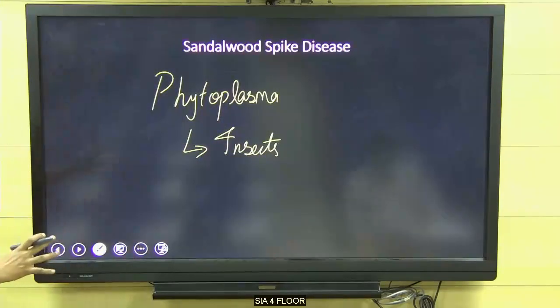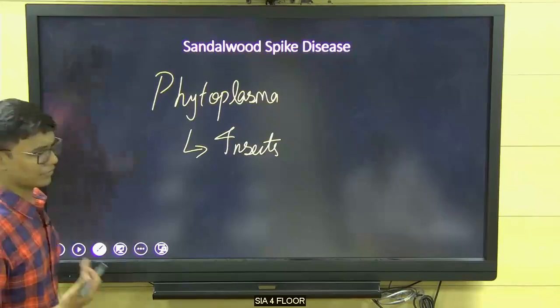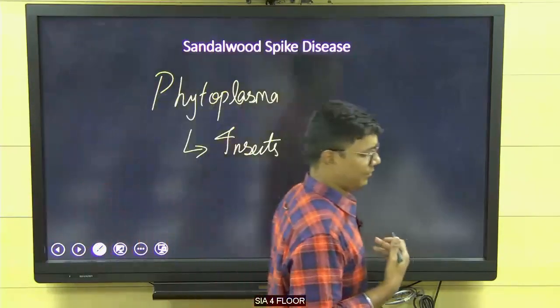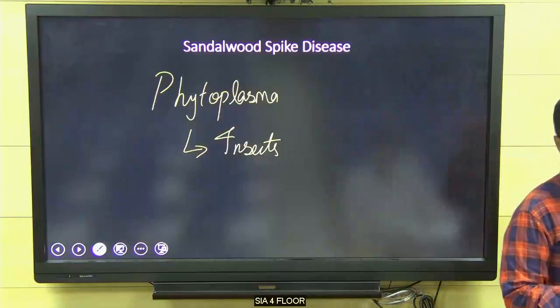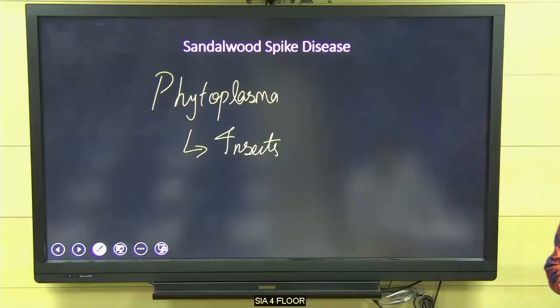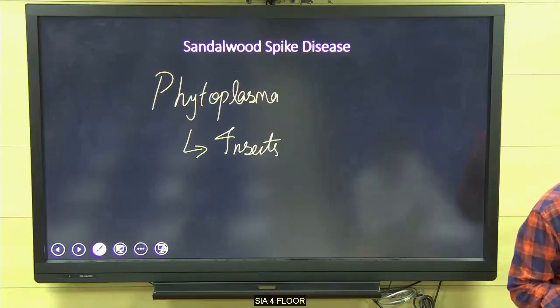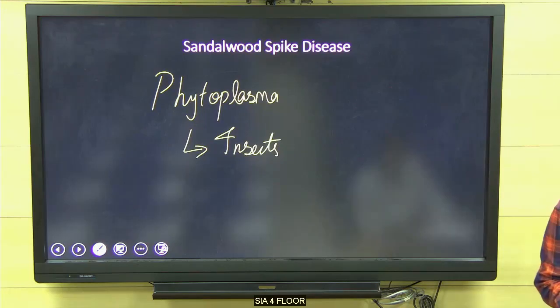Now coming to the sandalwood, where is the wild population of sandalwood found in India? Online people, can someone answer? Wild population of sandalwood, which means it's not cultivated by humans, but it's found in natural habitat. Anyone? Western Ghats, good. About this, tell about the state.